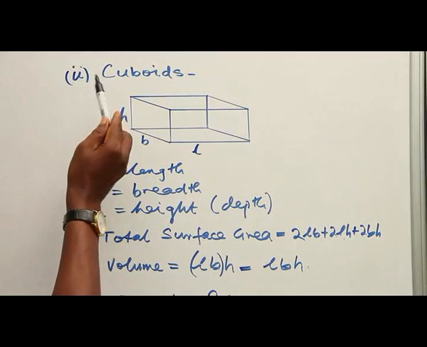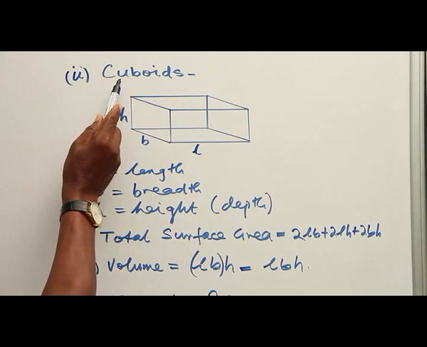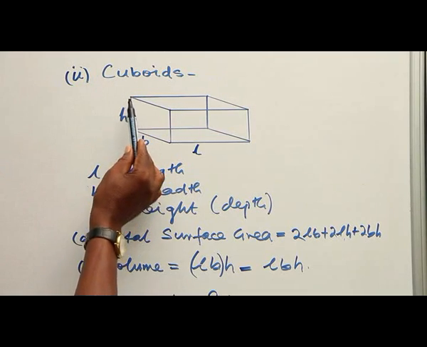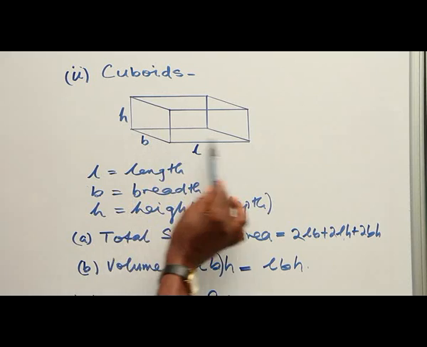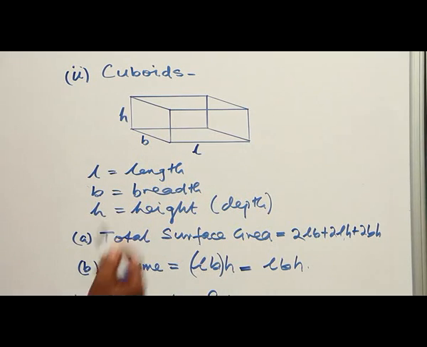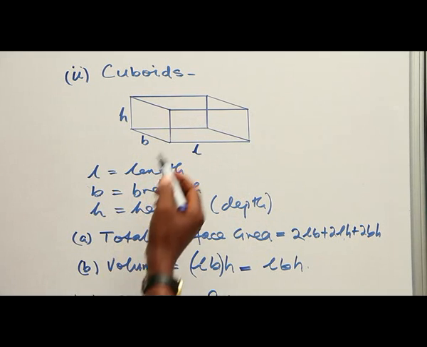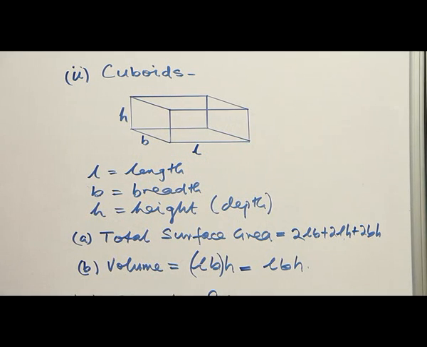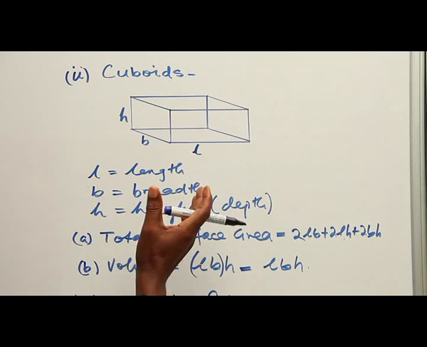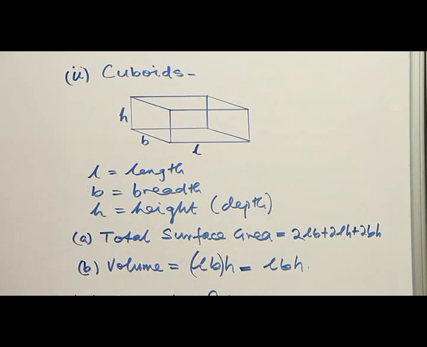The second solid we want to consider is cuboids. Here is the diagram representing a cuboid. An example of cuboids: the matchbox, the chalk box, and even boxes that we put things in our homes.